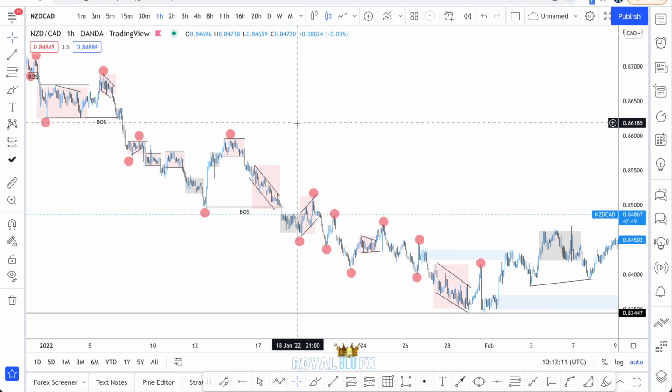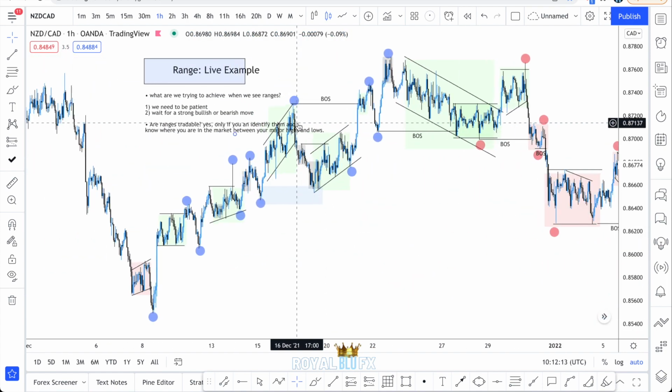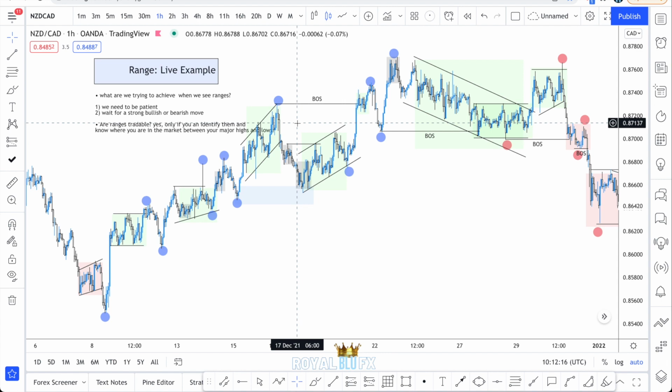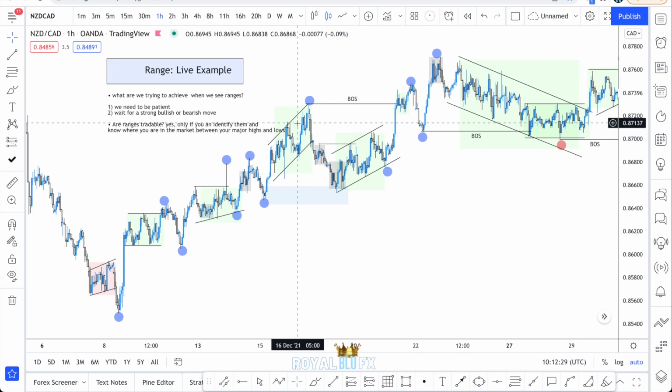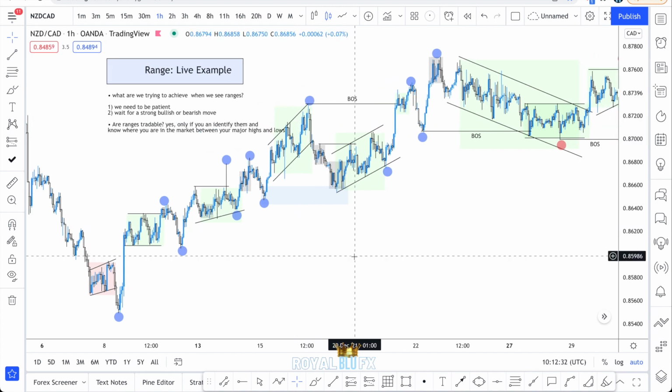If you master this, guys, you will be unstoppable, because now you'll know how to be a lot more patient as a trader, to expect these moves and these ranges in the markets. Once you expect these, you can be patient enough to wait for price to come to your demand and supply level, and then look for your entry to take a high probable trade.